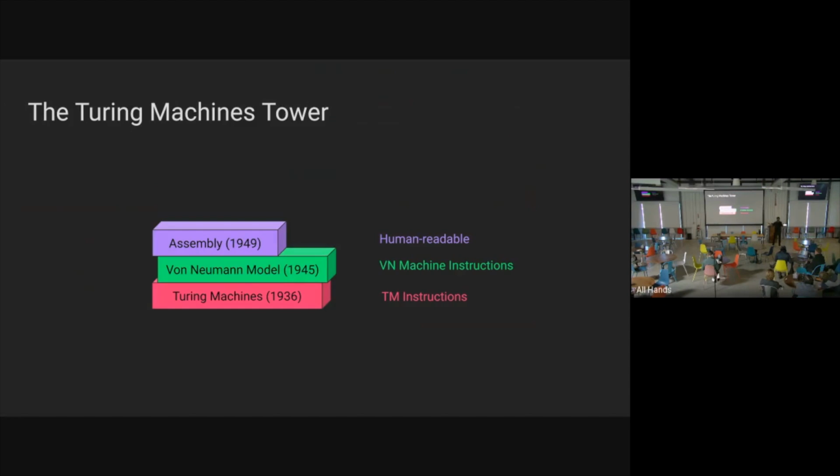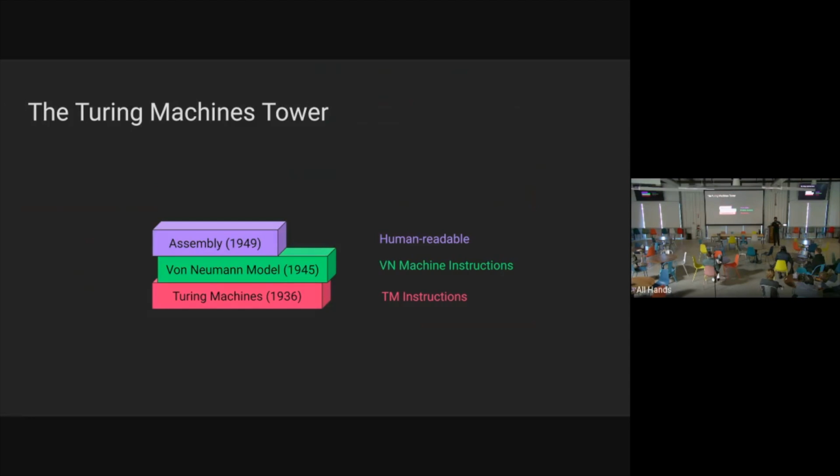In 1949, people got tired of manually plugging and replugging wires, and they wanted a human-level way to reason about what the instructions were. So they gave each of these instructions small names like add, store, mul, divide, things like that.